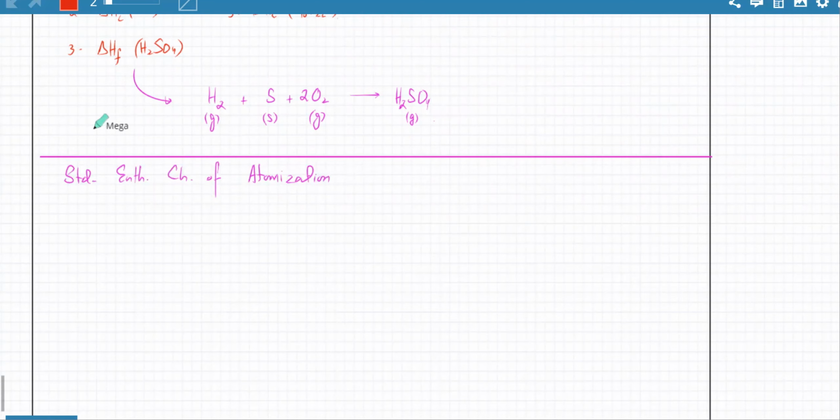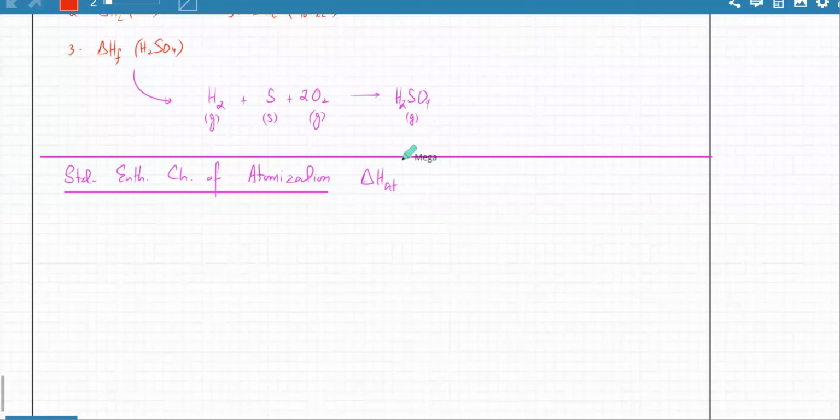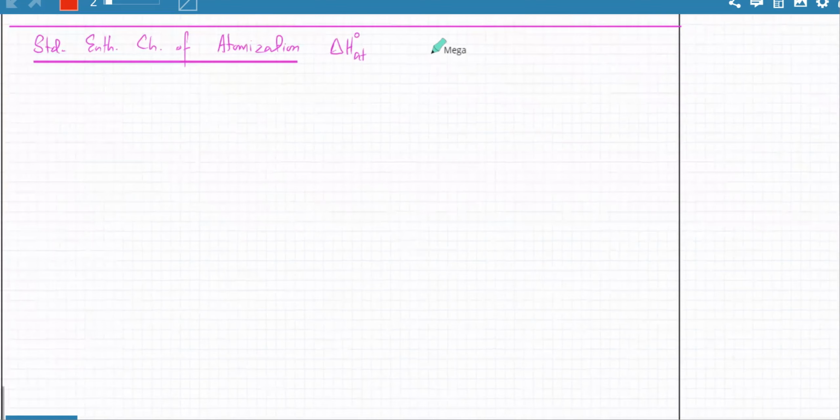It's often referred to by the symbol ΔH, with AT or ATOM written, and the knot is there just to tell you that everything is measured under standard conditions. So that's your enthalpy change of atomization.